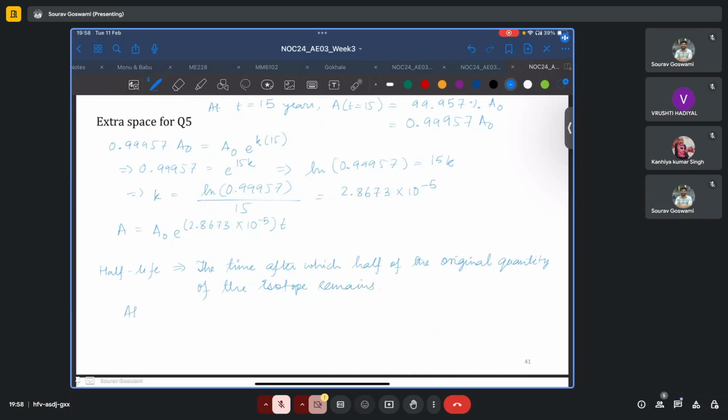Or basically at t equals half-life th, A shall equal A naught by 2.